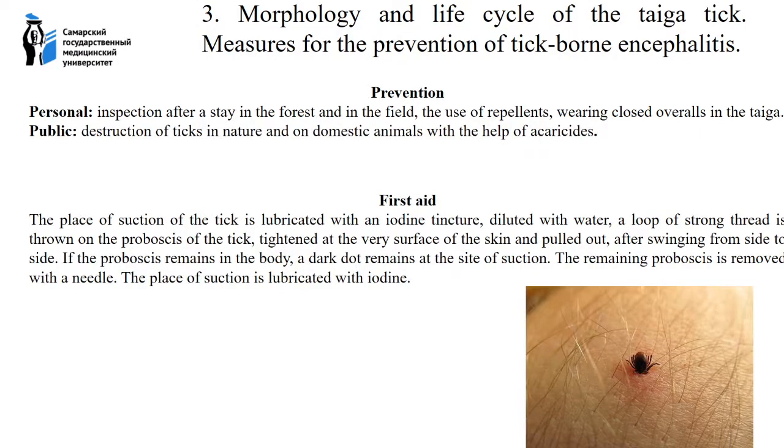If the proboscis remains in the body, a dark dot remains at the site of suction. The remaining proboscis is removed with a needle. The place of suction is lubricated with iodine.